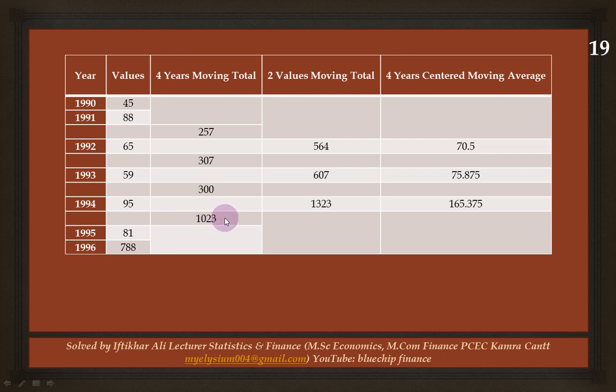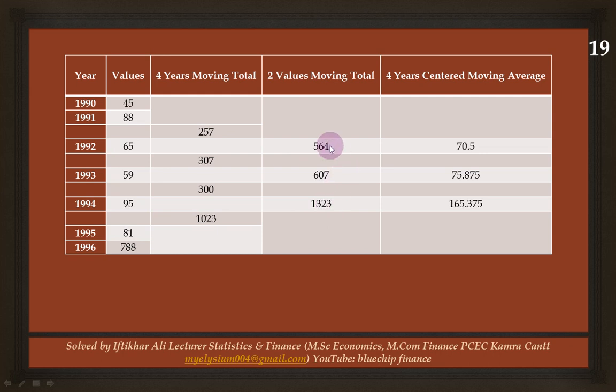After that we get the sum of two values: 257 plus 307 is 564, 307 plus 300 is 607, 300 plus 1023 equals 1323.